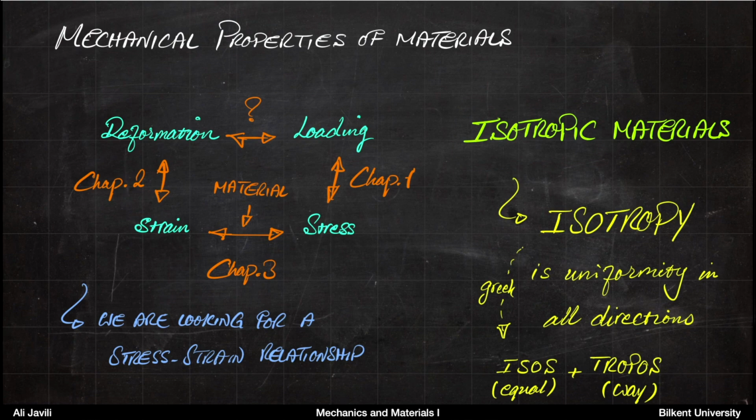So isotropic comes from the term isotropy, and that essentially means uniformity in all directions. It's a Greek word, and it combines isos as equal and tropos as way, direction, basically. So basically it says you have equal responses in every direction.